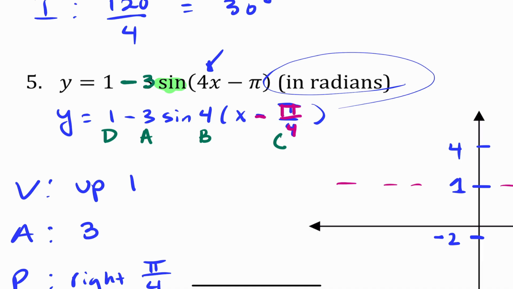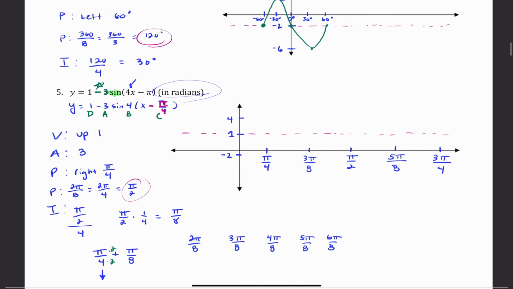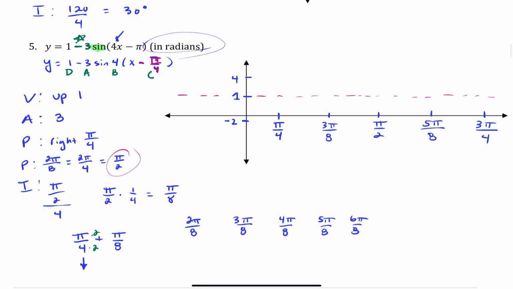Now, whenever you have a negative in front of a trig function, we're basically reflecting. So, like I said, we are dealing with a sine function, so we're going to start right at the middle. But instead of going top, we actually need to go below, okay?